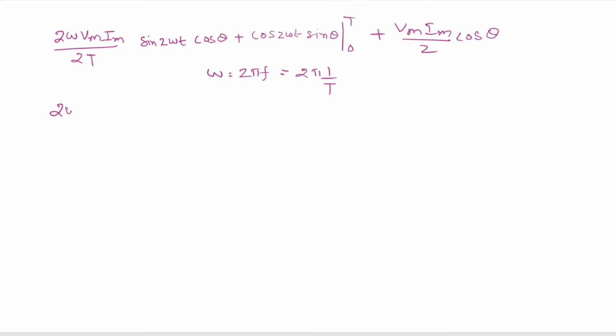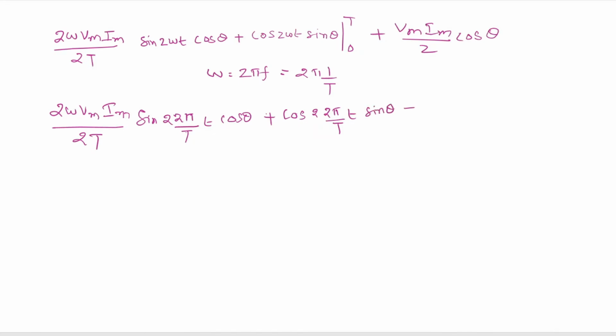So 2 omega Vm Im by 2T into sin 2 into 2 pi f, where f is 1 by T, so T cos theta, plus cos 2 into 2 pi f, where f is 1 by T, into sin theta, plus Vm Im by 2 cos theta.